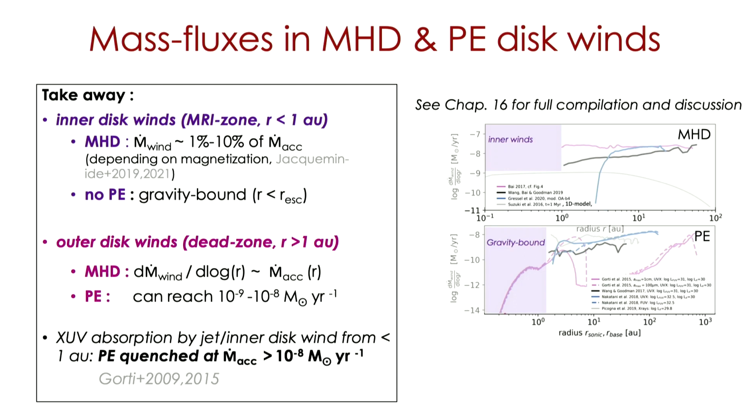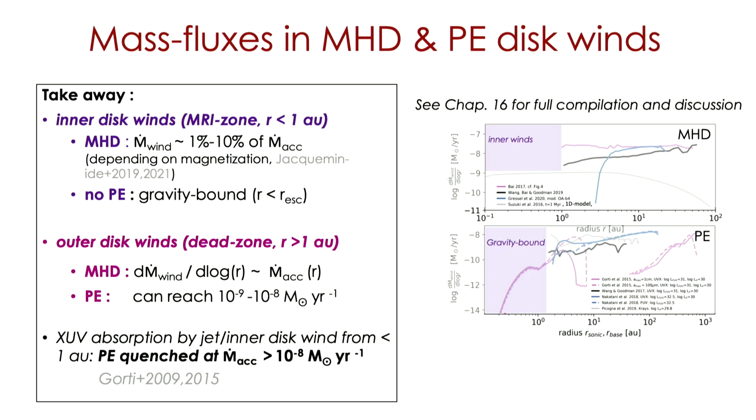For the outer winds in the dead zone, the MHD models predict a relatively flat curve here, where basically this mass flux per log r is of order the accretion rate. For the photoevaporative winds, it's somewhere between 10 to the minus 9 and 10 to the minus 8. This is where you can see the effect of assumptions.